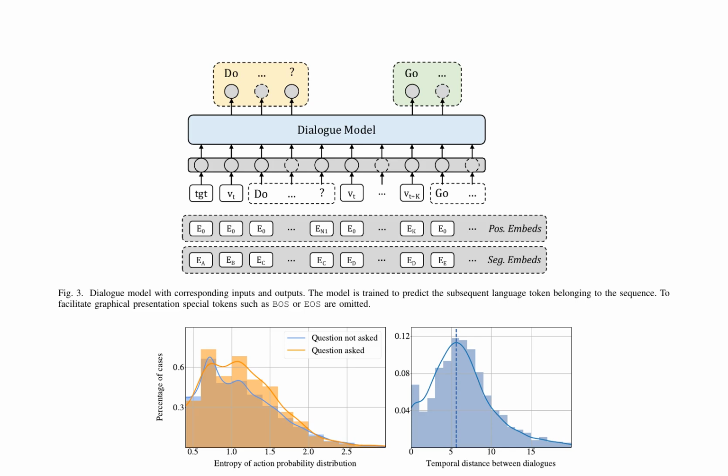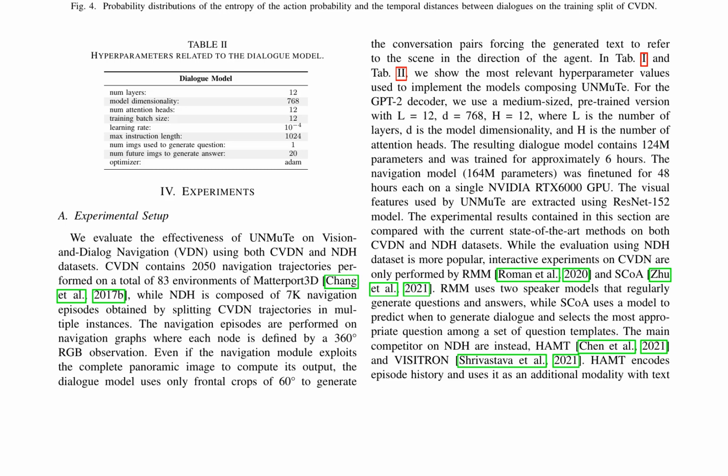The UNMuTe model consists of a navigation module and a dialogue model, with the latter using a pre-trained GPT-2 decoder with 124M parameters. The navigation model uses ResNet 152 features and has 164M parameters. The model is trained using a learnable entropy threshold to determine when to trigger the dialogue model.